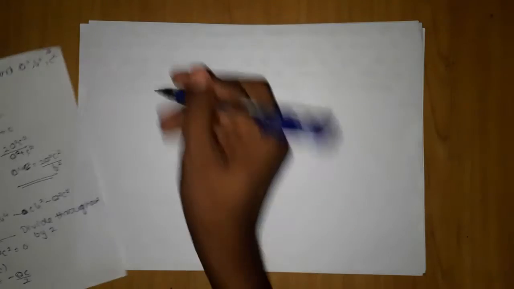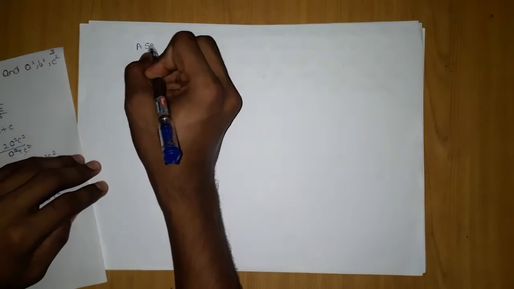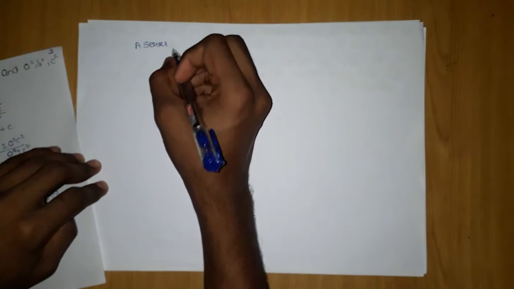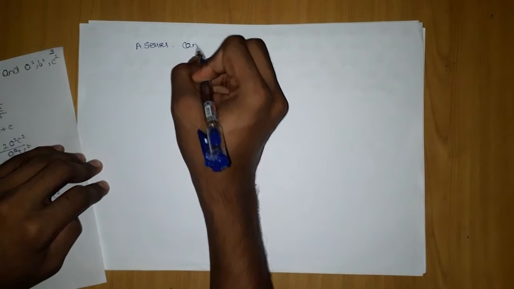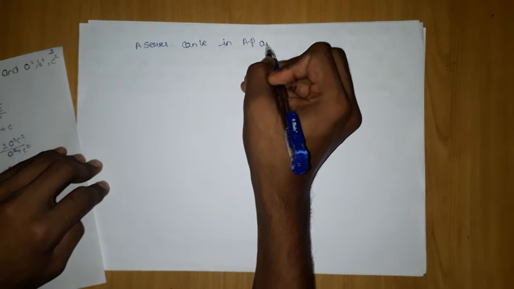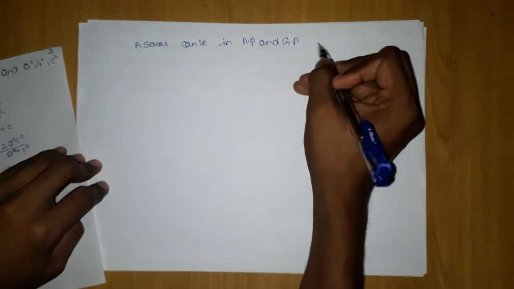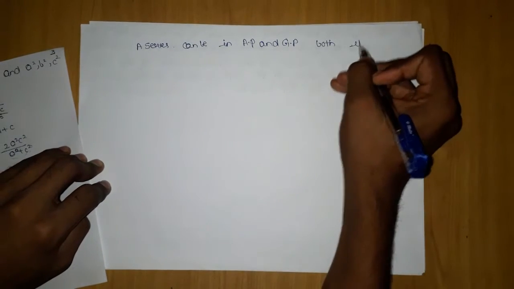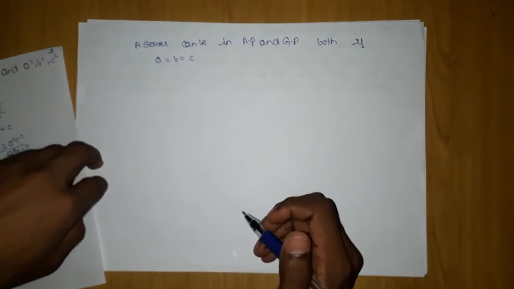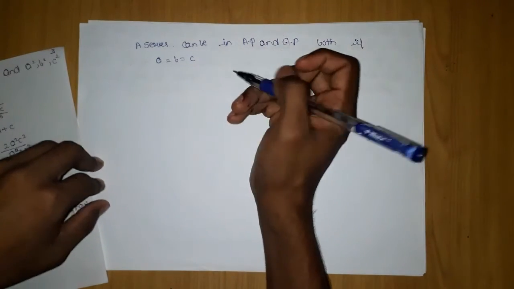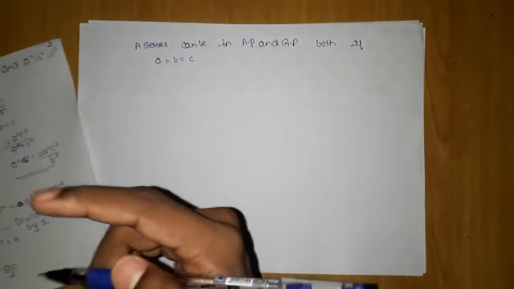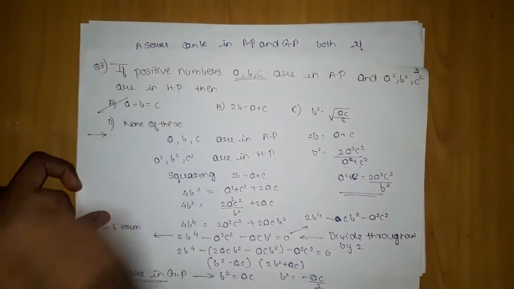We have discussed that a series or sequence can be in AP and GP both if a equals b equals c, or they should be equal to 1, whatever you consider. So one thing is confirmed, that my A option is correct.